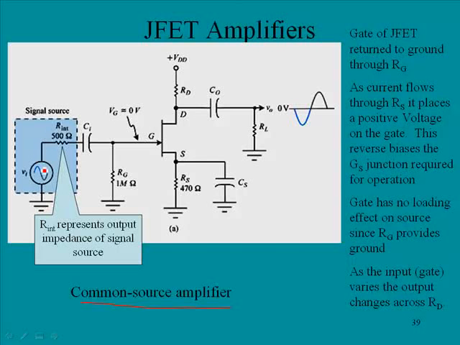Notice the path. It goes from here through C1, and then there's a large 1 megohm resistor right here. Now, there are a couple ways that AC signal can go. It can go here. It can also go here. But recall that the gate source junction does not pass current.